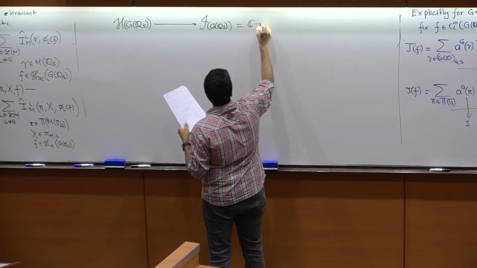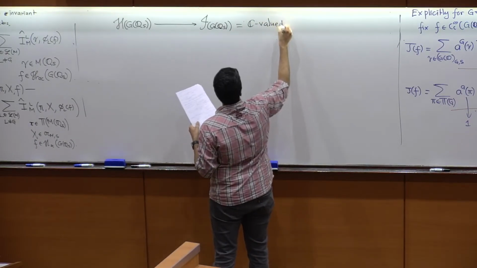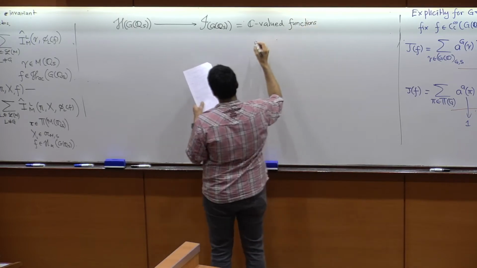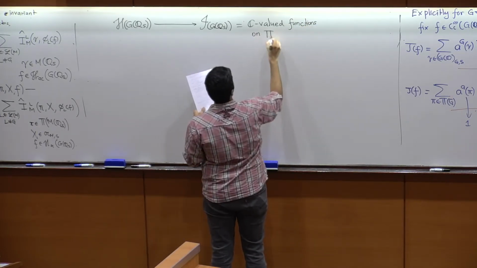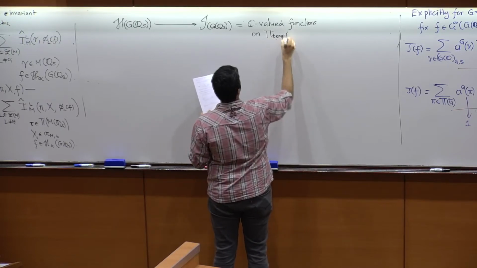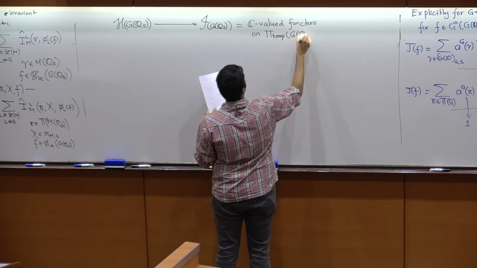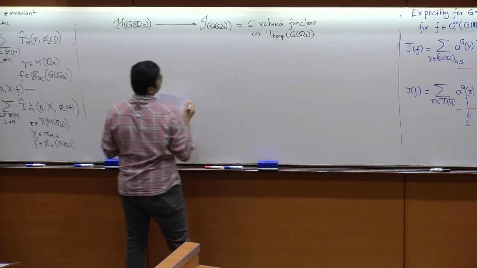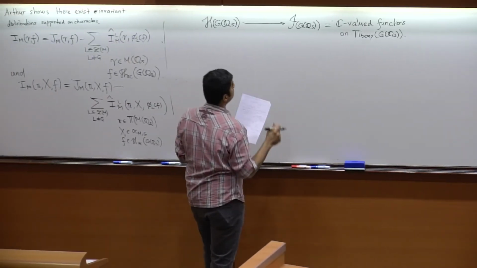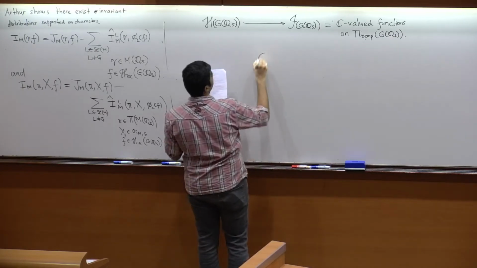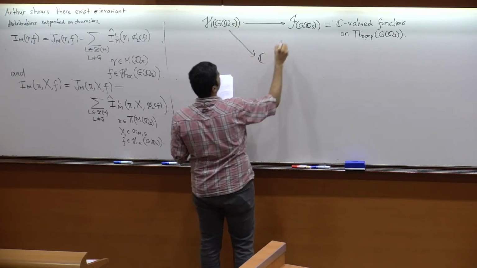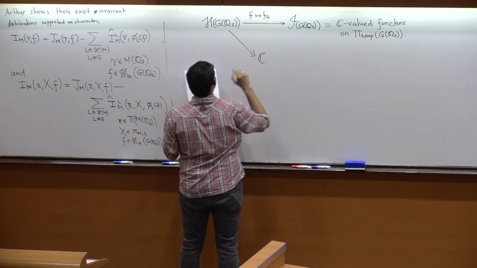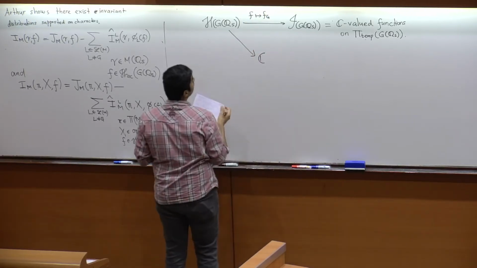So this is C valued functions on pi temp of G(QS). So it is abelian, so you can have the full dual spectrum. You don't have to restrict to the tempered spectrum. And so if you have a distribution here, so this map is f going to f_G. So f_G of pi, for example.